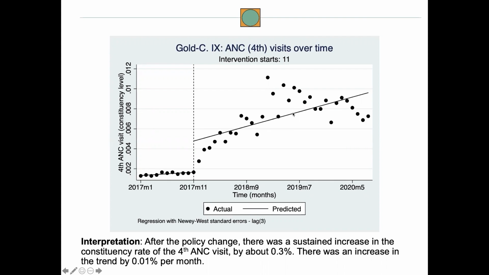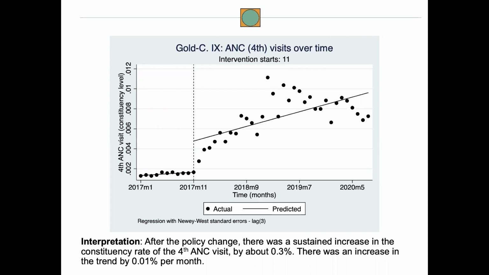And our post-trend slope is the trend after the policy was implemented. From this, we can say that as a result of the policy change, there was a sustained increase in the constituency rates of fourth ANC visits by about 0.3% and an increase in the trend by about 0.01% per month.